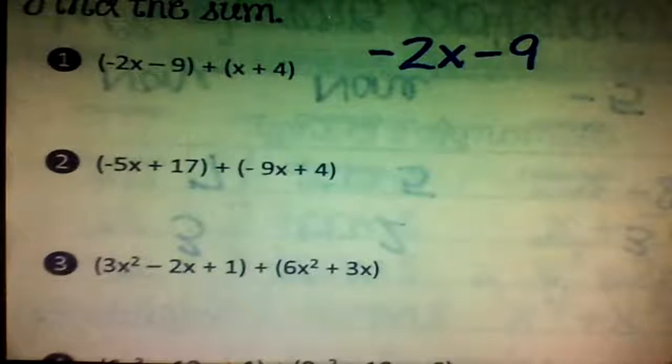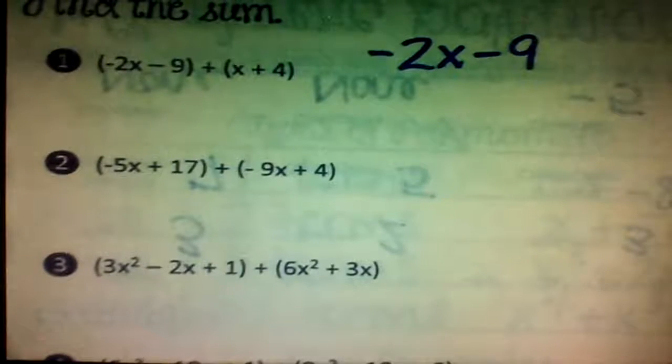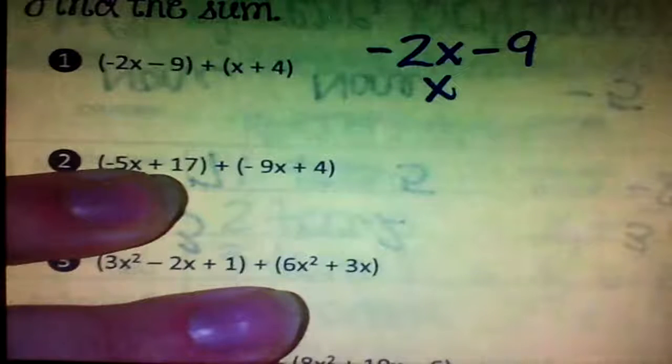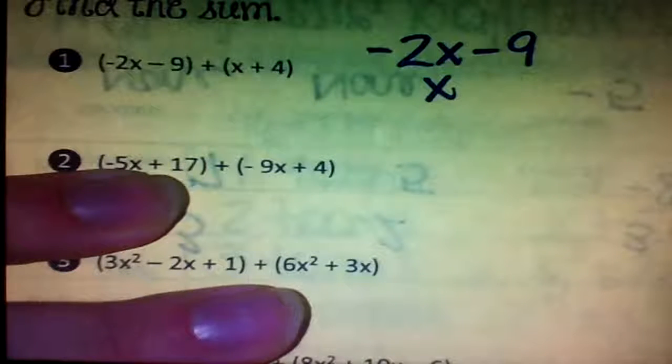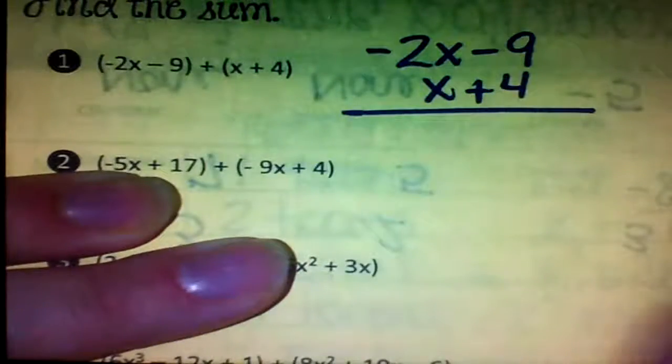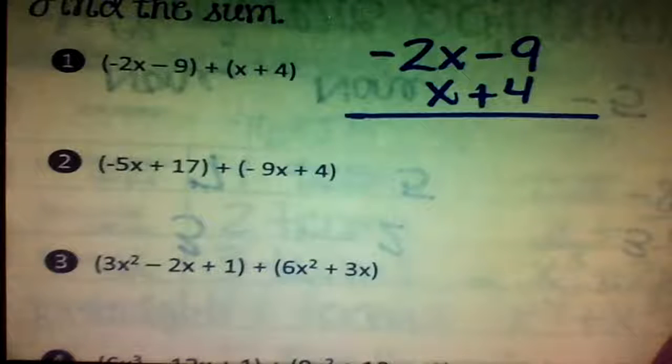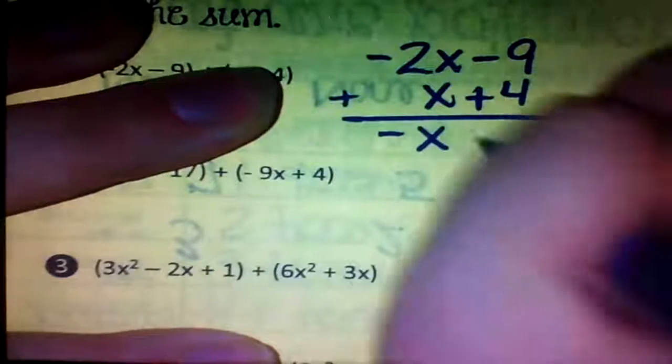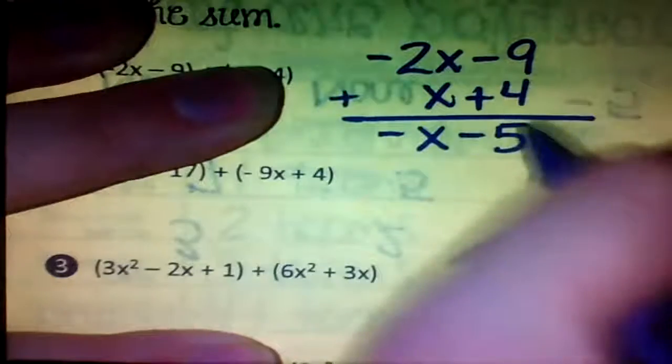Which term does that go with? It goes with the 2x, so I put it underneath. Where does the 4 go? Under the 9, so I put it underneath. And then I add them. Negative 2 plus 1 gives me negative x. And negative 9 plus 4, negative 5. Negative x minus 5.